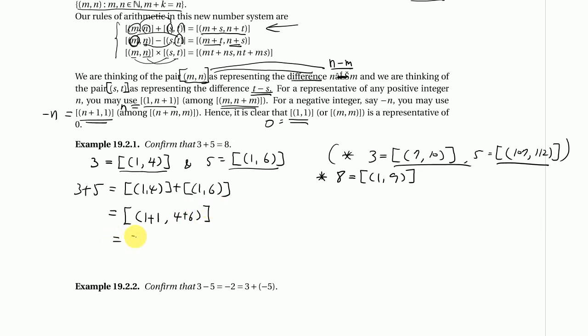Then that becomes 2 comma 10, right? But what is the meaning of 2 comma 10? It's 2 comma 1, 2, 3, 4, 5, 6, 7, 8, 9, 10, right? So it's going to be here, and that belongs to this group, right?